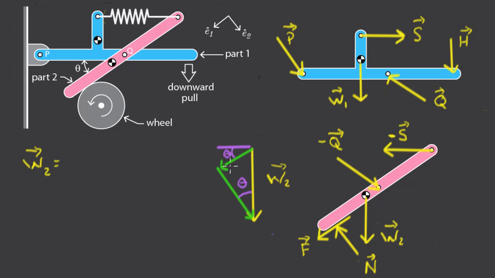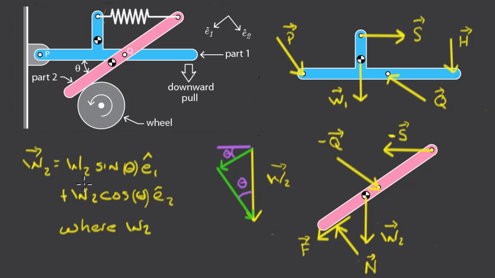Right, the piece in the E hat 1 direction is opposite of the angle theta. So this is W2 sine theta, E hat 1. And the piece in the positive E hat 2 direction, this one down here, is adjacent to the angle theta, so this would be W2 cosine theta, E hat 2. And here, the scalar W2 is what I'm calling the magnitude of the weight vector, right?